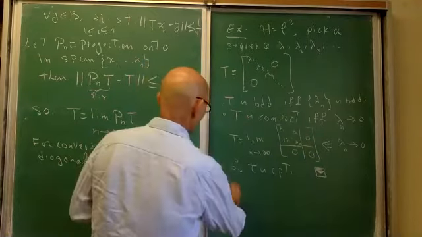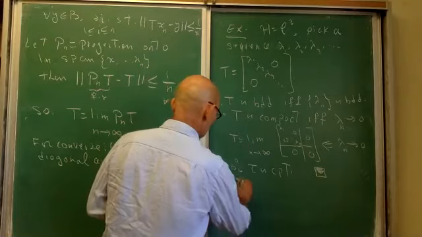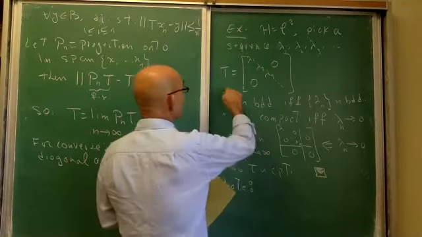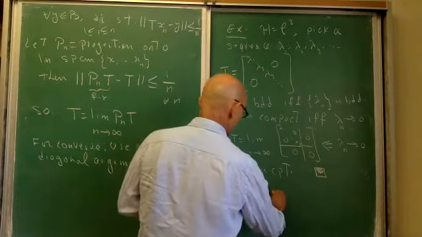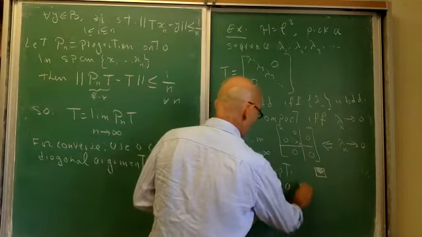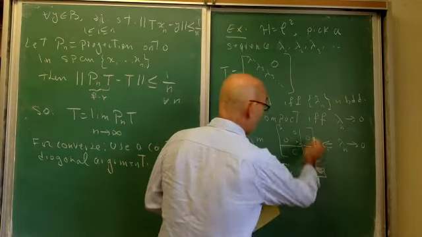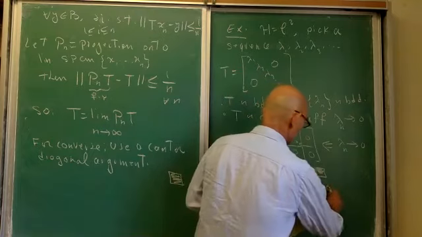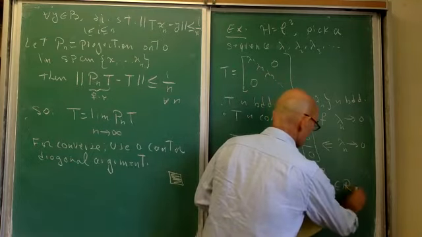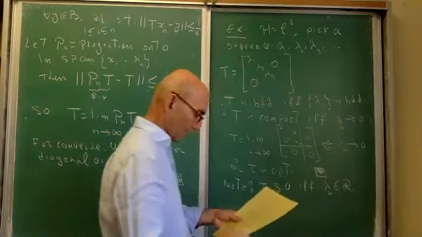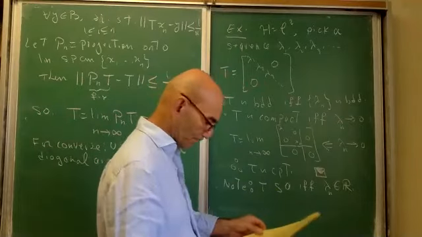Now note that in this example, of course, T is self-adjoint if and only if these lambda n's are real numbers. That's also very clear, but we're going to use it.